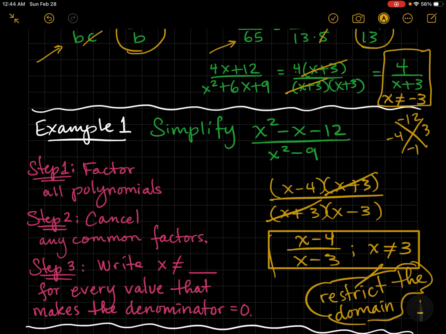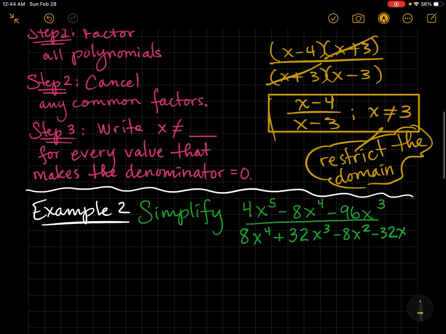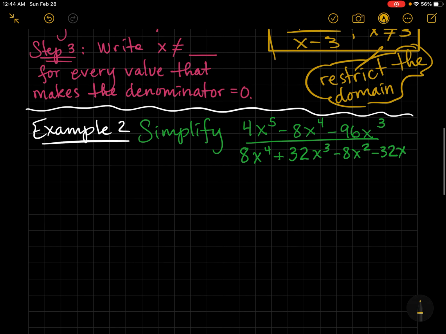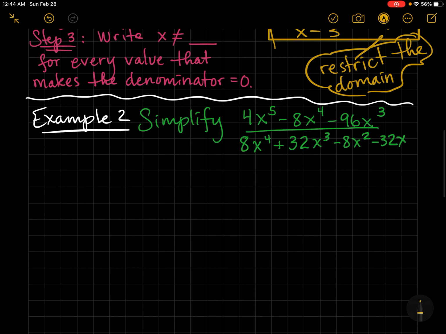Okay, let's look at one a little more complicated. Let's say we would like to simplify this, and now you can see how very important factoring was for us. So we have to remember how to factor each one of these.